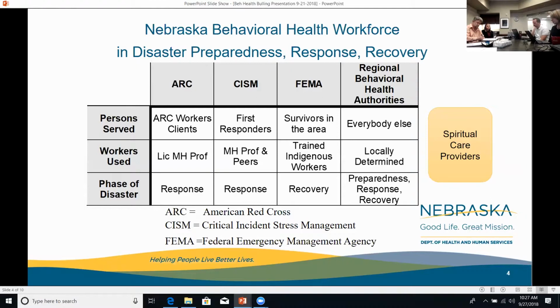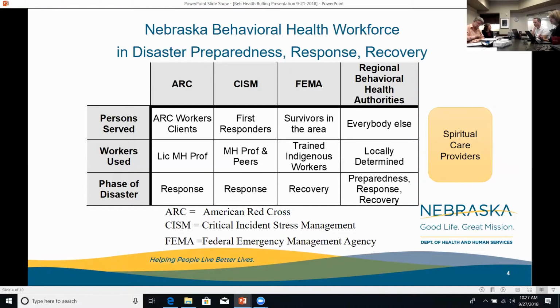In large-scale disasters, you might see them active for longer periods of time. But unless it's a disaster that warrants a national designation with resources, it's likely that local Red Cross mental health resources are going to be exhausted very early. Red Cross Mental Health serves their volunteers and workers and the survivors that they come in contact with.